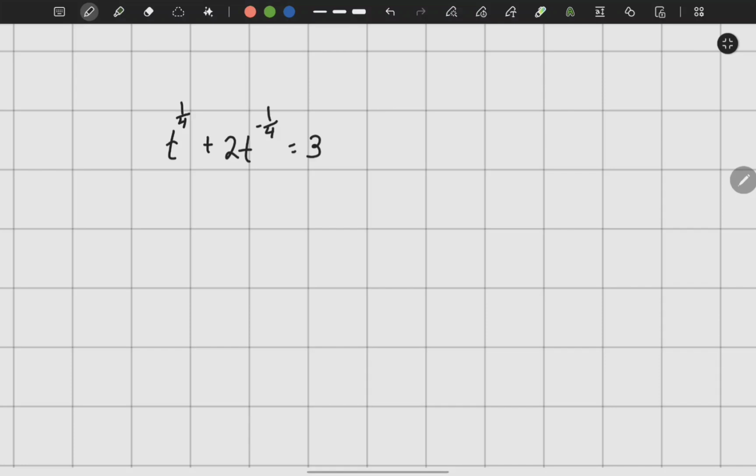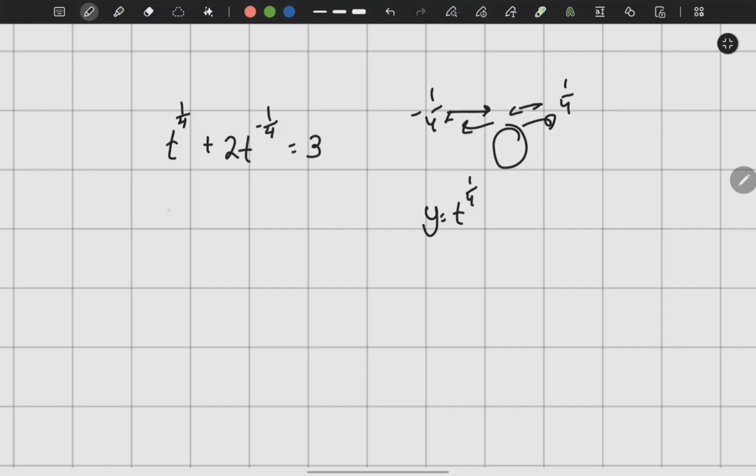If they are the same distance away from 0, then a quarter is a quarter to the right, and minus a quarter is a quarter to the left. So the distance between them is a quarter, which means we can make y equal to t to the quarter.